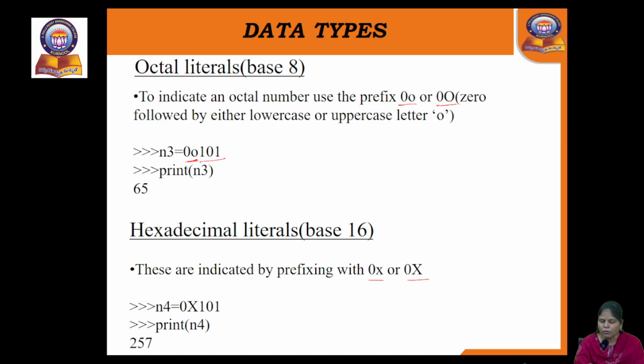So 101 will be internally converted in octal format: 1 will be multiplied by 8 power of 0, plus 0 into 8 power of 1, plus 1 into 8 power of 2. So this is 64 into 1 plus 0 plus 1 into 1. So this becomes 65.